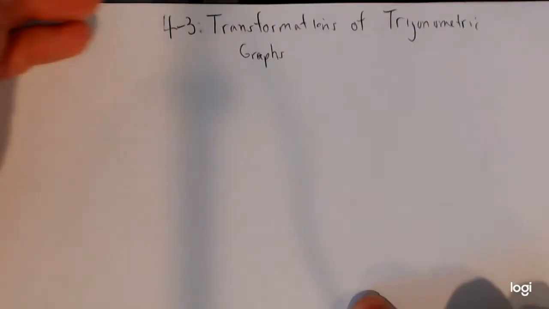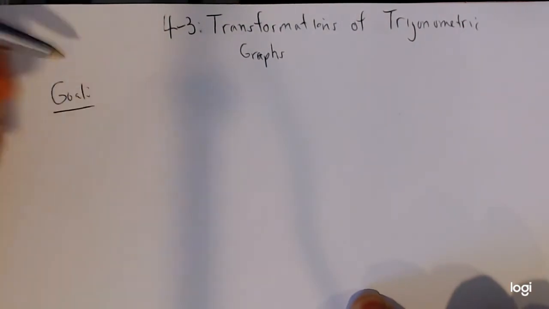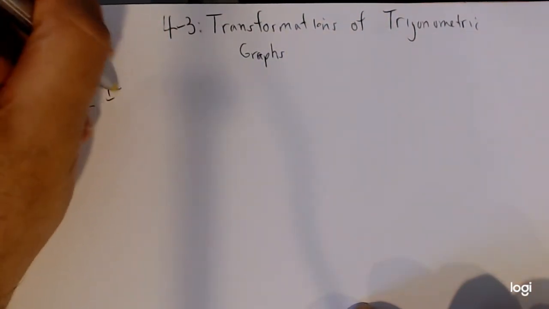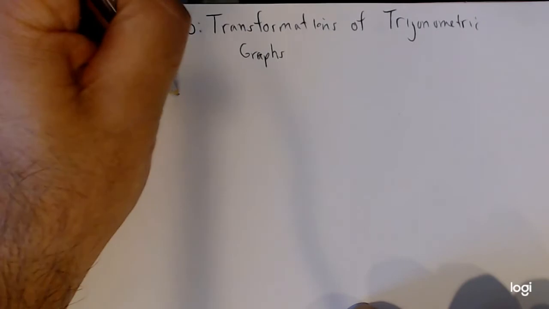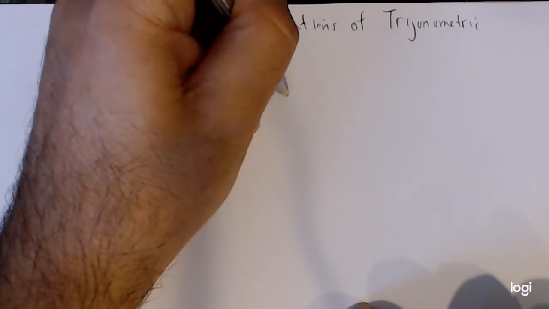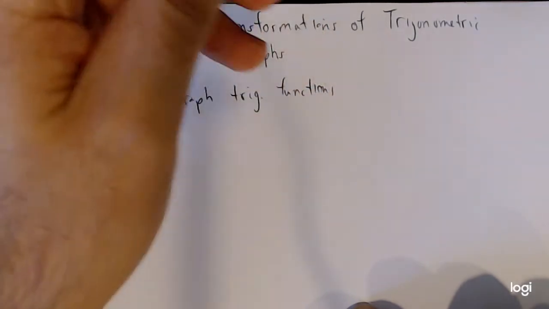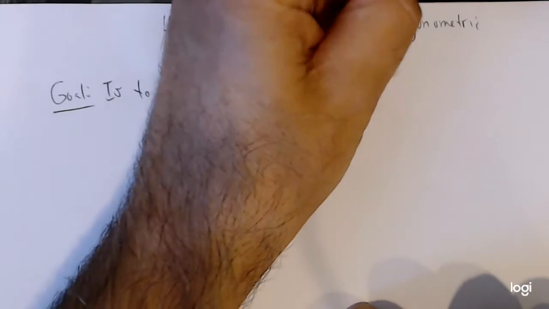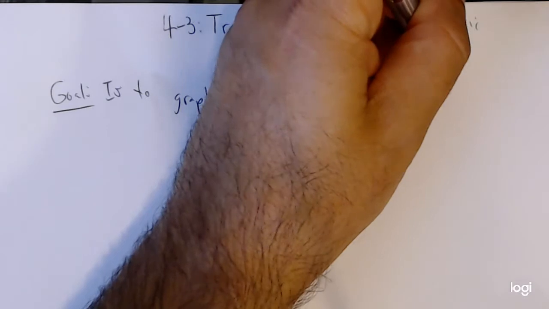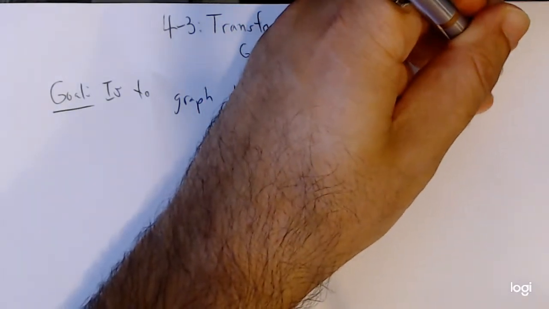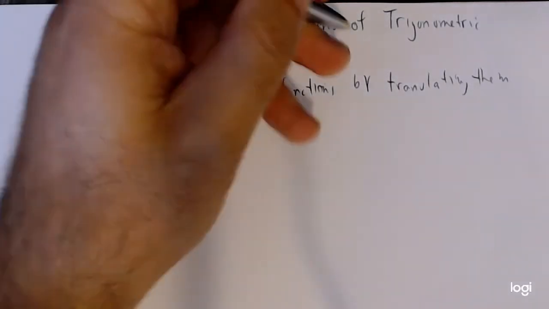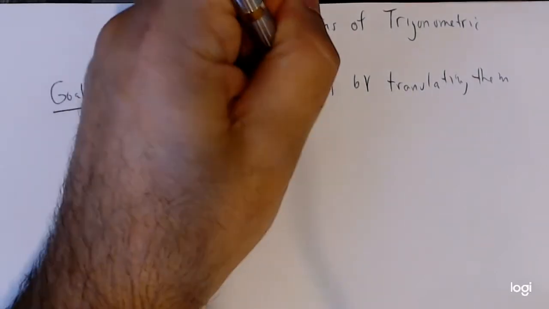And then our goal, which is where the difference is going to be with this section compared to the other sections, is to graph trig functions by translating them left and right and up and down. Okay, so that's kind of going to be the main point.